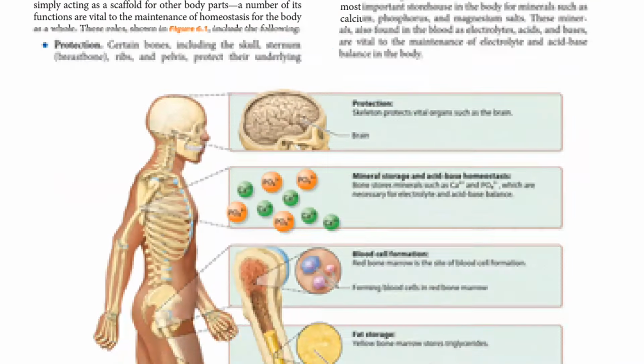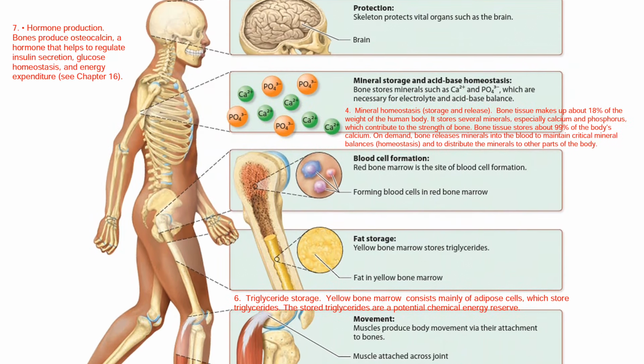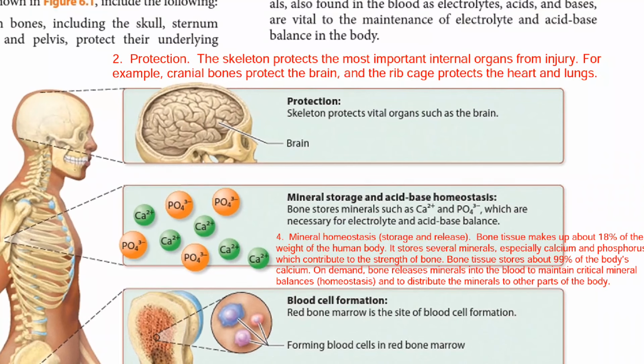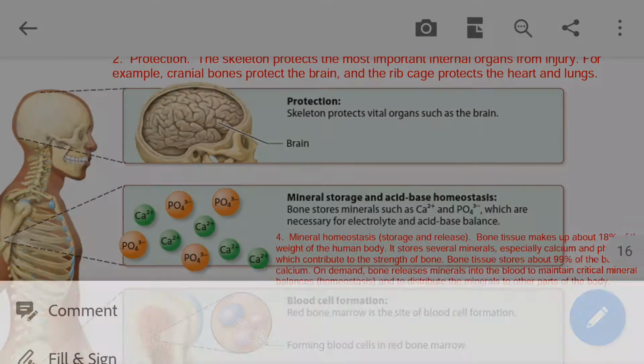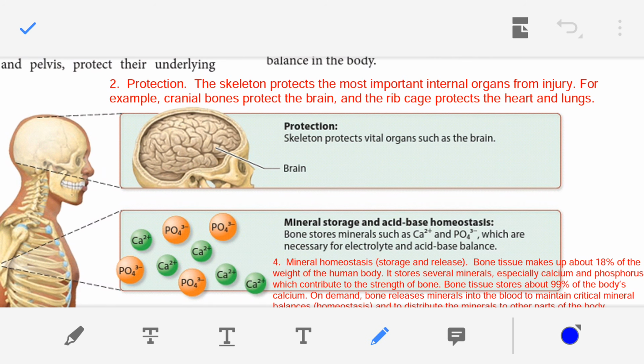Now moving forward, we are discussing the second point, protection. The skeleton protects the most important internal organs from injury. All our delicate internal organs are protected from injury by our skeletal system.